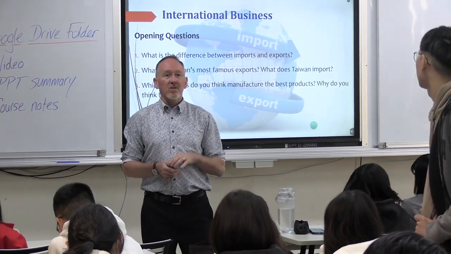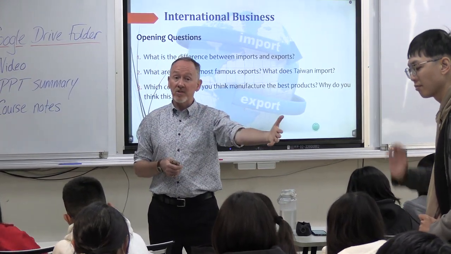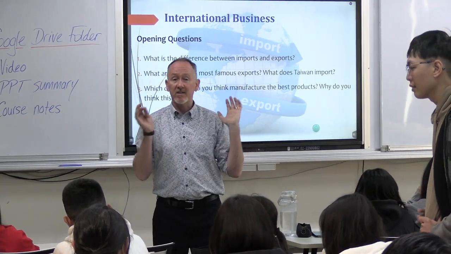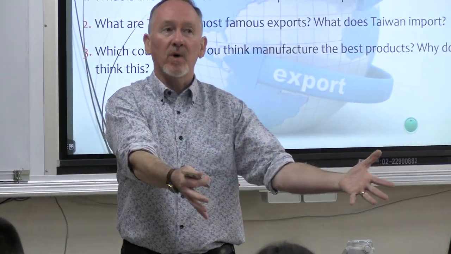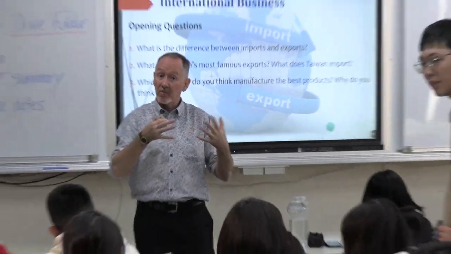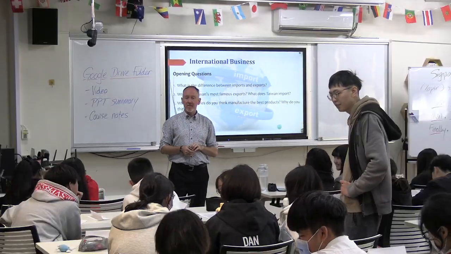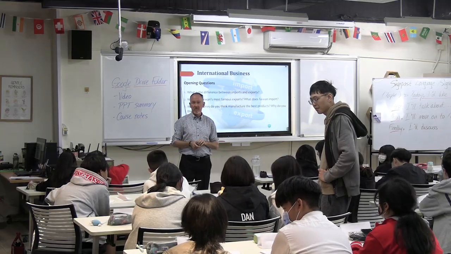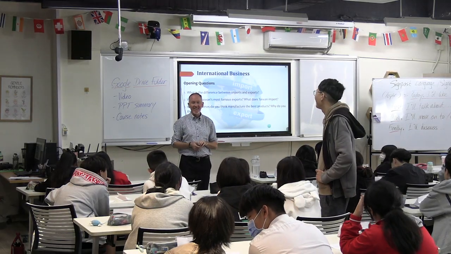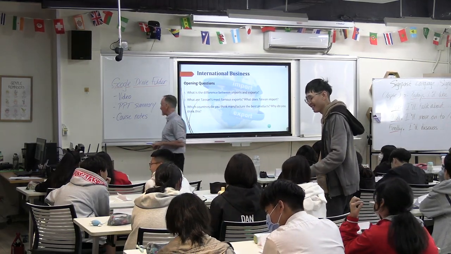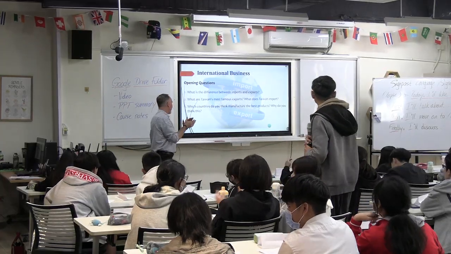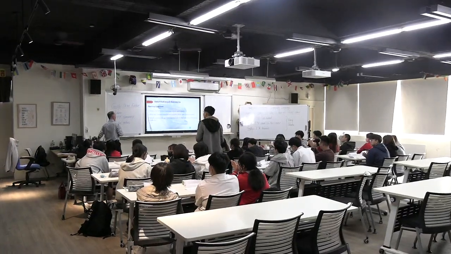So Taiwan exports a lot of bicycles, right? Sells them to other countries. What does Taiwan import? Air conditioners. All right, that's probably true. Good, very good.